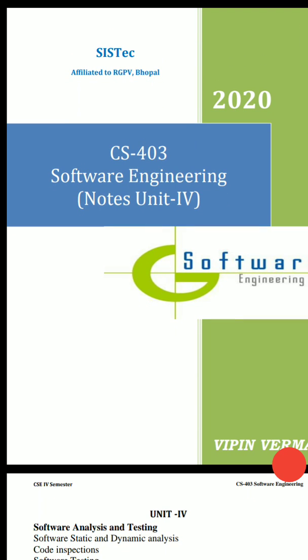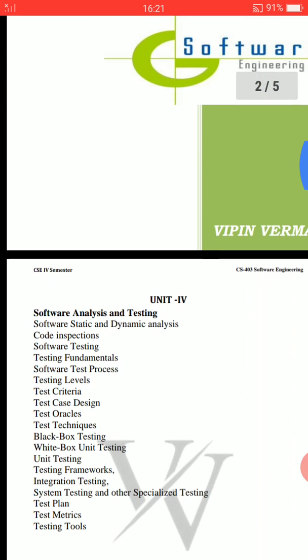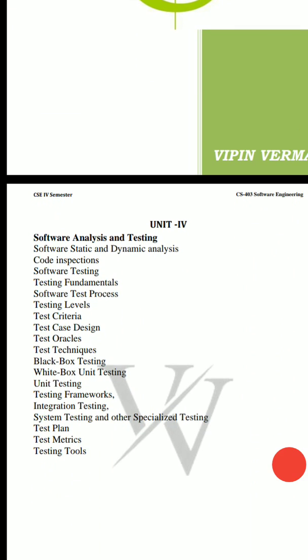As we know, students, we already discussed the 3 units of our syllabus in the classroom lectures. So from now on, on a daily basis, I'm delivering one video lecture corresponding to the 4th and 5th unit. Okay friends, I'm starting with the syllabus.